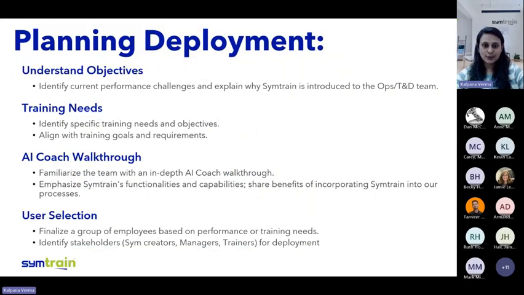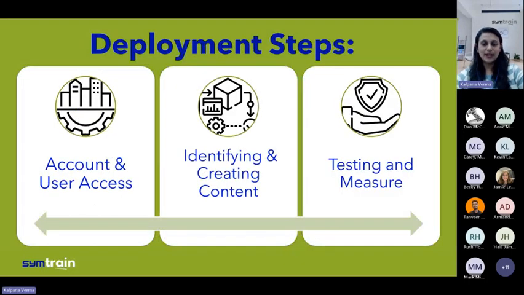Next is identifying and creating content. Once you have identified the challenges your teams are facing, you want to create good quality content. It's like food: if someone is serving you good food on your plate, you will feel like eating it.